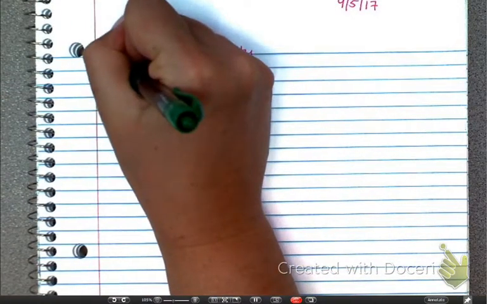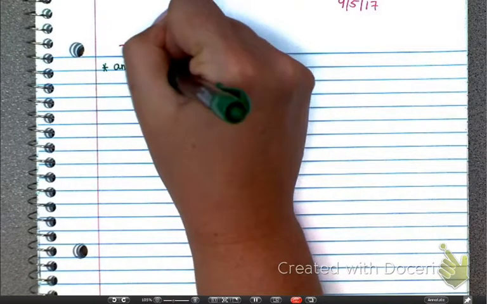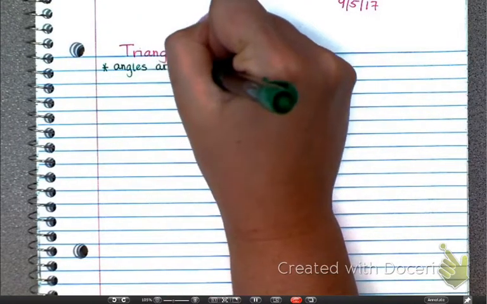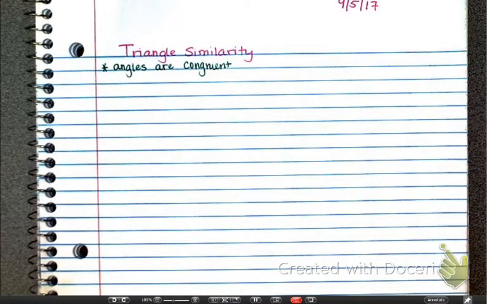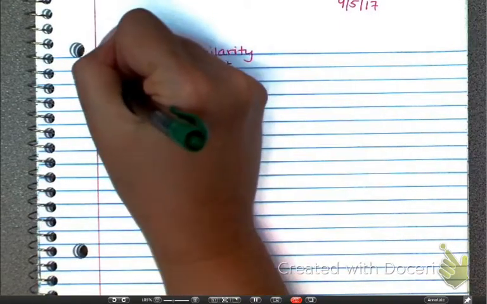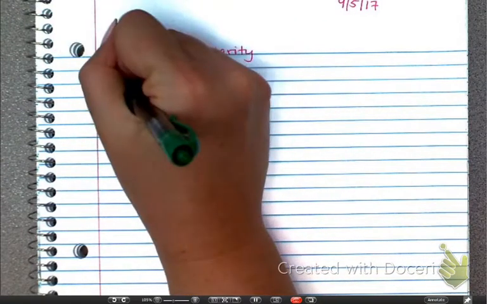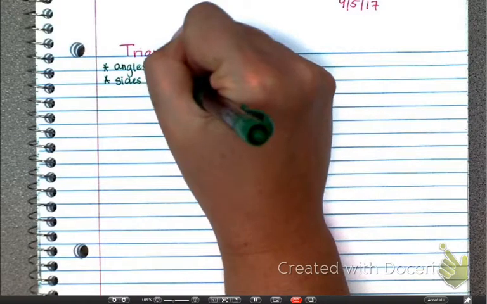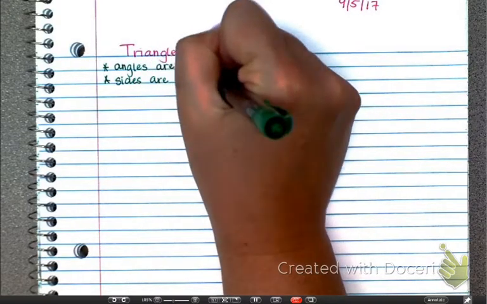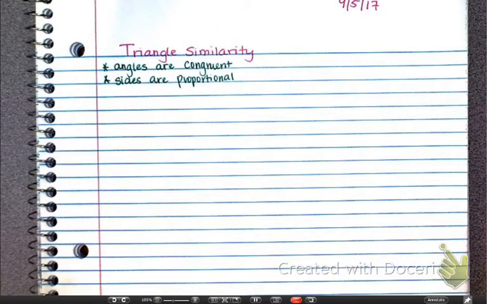The angles need to be congruent and sides are proportional. So the angles need to be congruent and the sides need to be proportional.